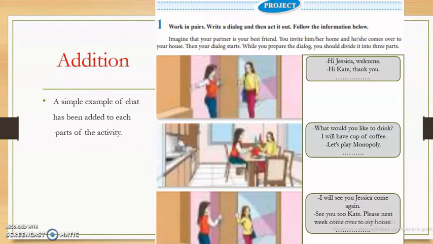Even though the first unit of Upswing English 8 teaches students the importance of friendship, social activities, and characteristics, we need to add an example to the activity, and students will understand what to do and will have a guide. Here, the activity includes 3 parts, and a simple example of a chat has been added to each of the 3 parts of the activity.